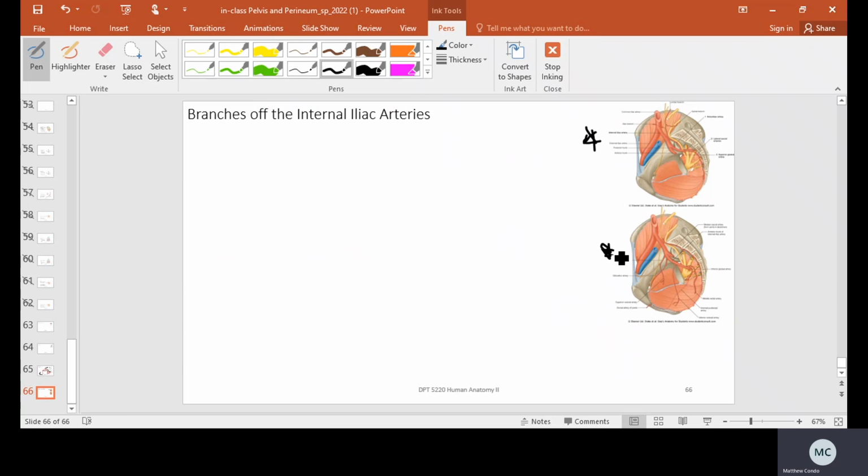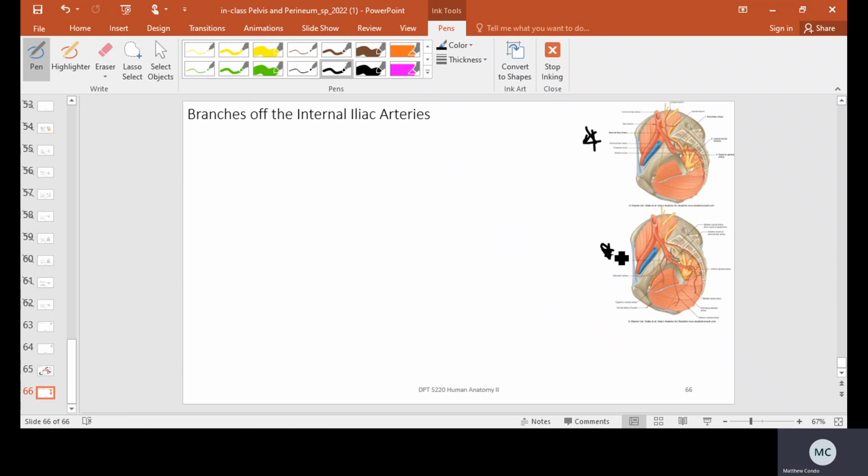So remember that as my aorta comes down at about the sacral level, it's going to split into my two common iliac arteries. When I draw this out, I'm only going to draw one of those common iliac arteries. So please recognize this is happening on my left side and my right side.